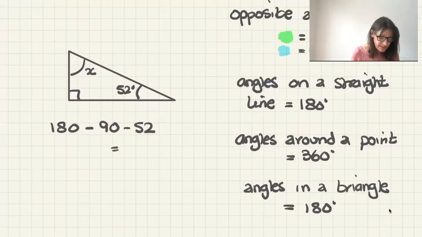Like I say, you could do 90 plus 52 first if you wanted to, and then just take the one thing away. It's absolutely fine. That equals 38 degrees. And there's your angles in a triangle.